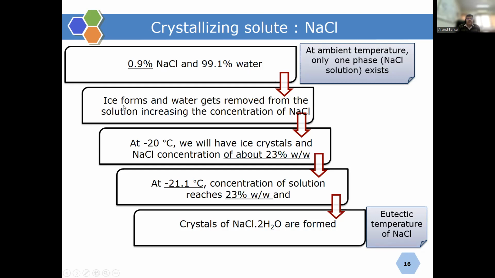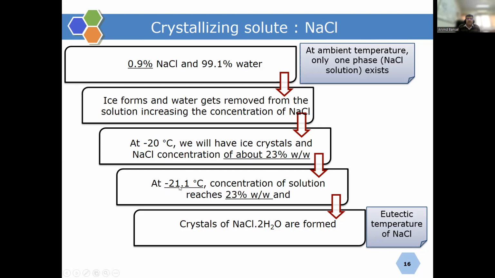When we cool it, ice forms and water gets removed from the solution, thus increasing the concentration of sodium chloride in the remaining solution. At minus 20 degrees, we will have ice crystals and a sodium chloride concentration of about 23%.